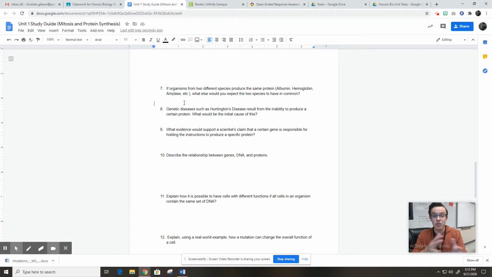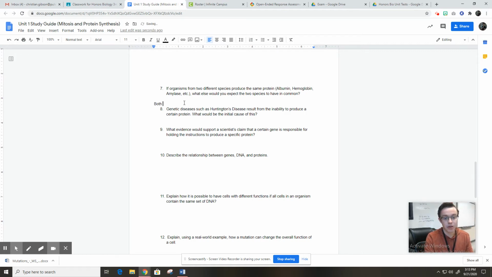So if we have 2 different species that are making the same protein, that tells you that their cookbooks or their DNA has to have the same set of instructions to make that protein. So like, let's say we look at hemoglobin in a pig, and we see that it's the exact same as the hemoglobin that's in us, then we know that both we and the pig share the gene or share the instructions for how to make that protein.